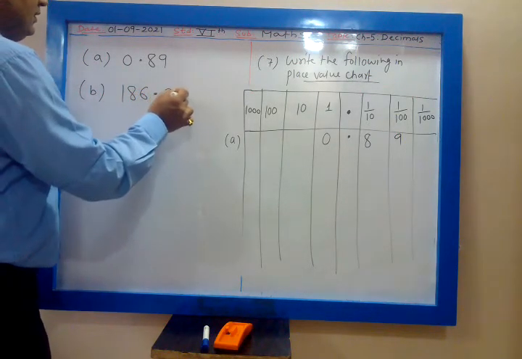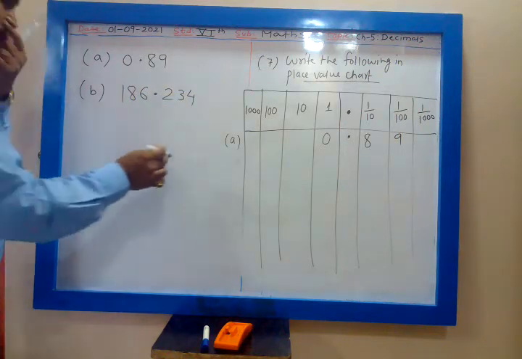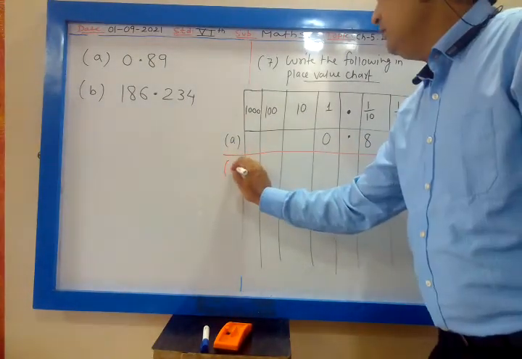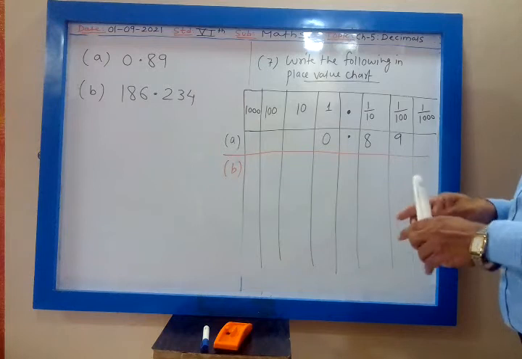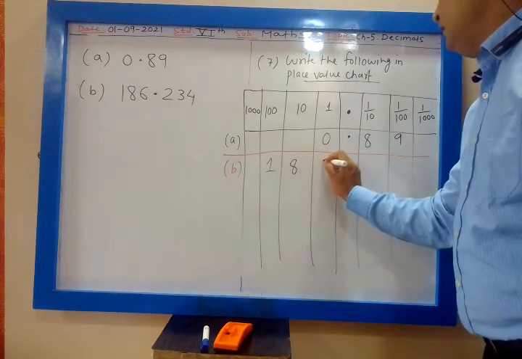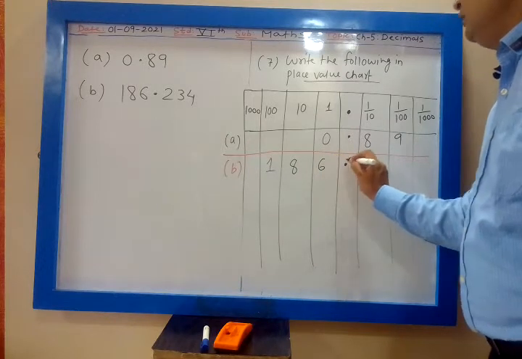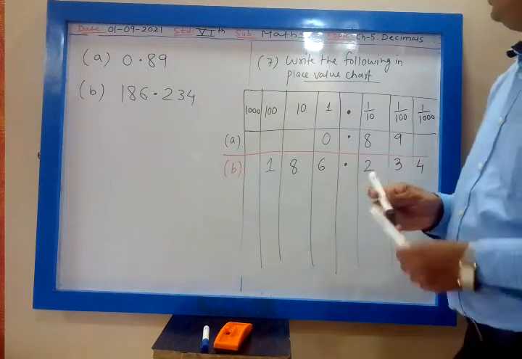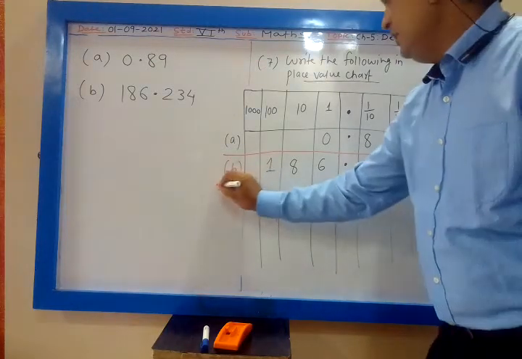Then 186.234. Yes, you can expand the chart. Let us solve this, B part. 186.234: the 1 will come at hundreds. Yes, so this is the answer.